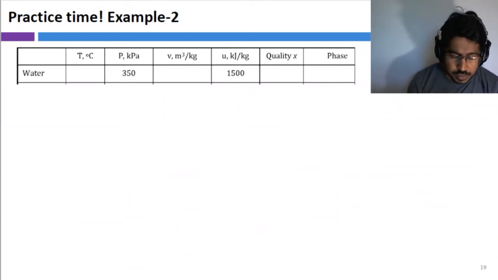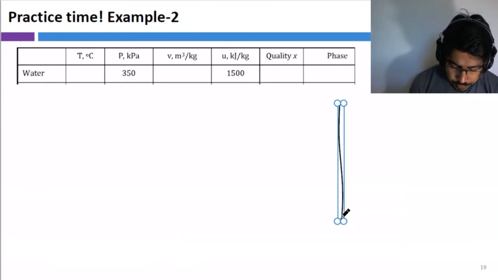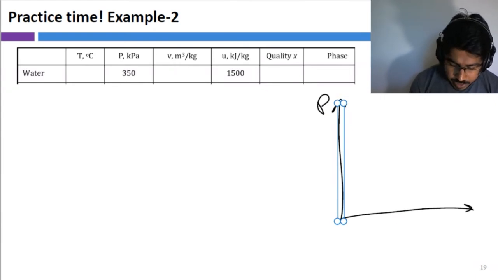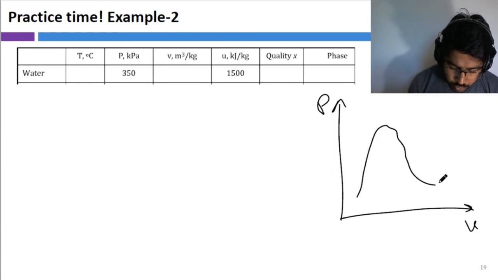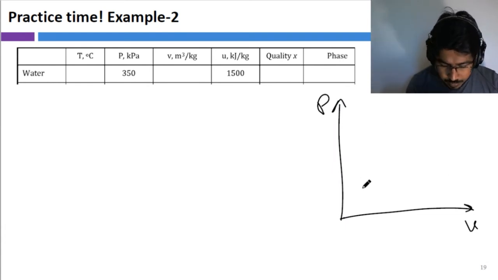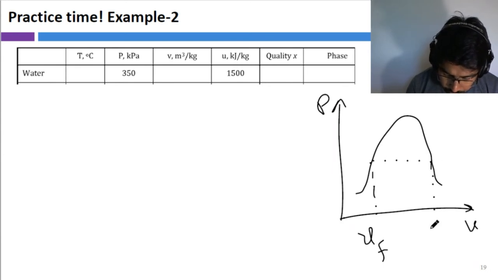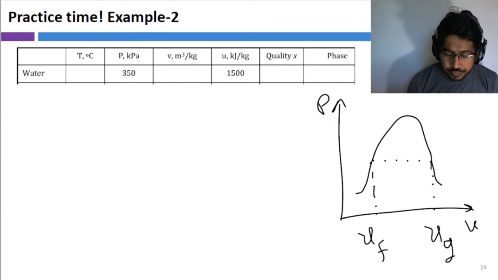What we can do is draw a PU diagram. When we draw the dome, you know that this value is going to be Uf for that given pressure, and this value is going to be Ug.